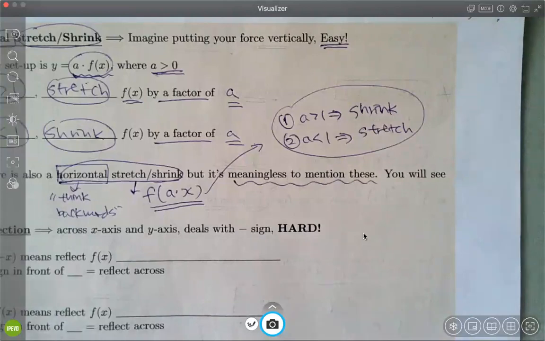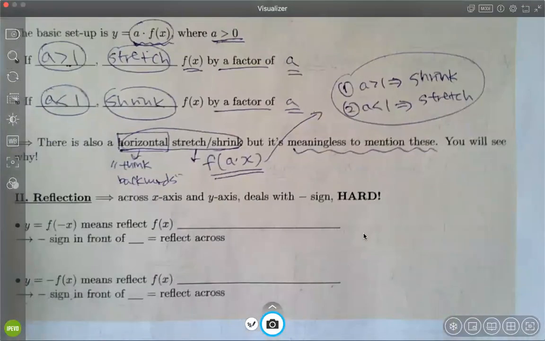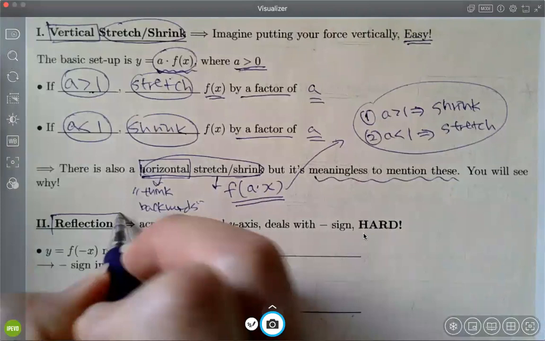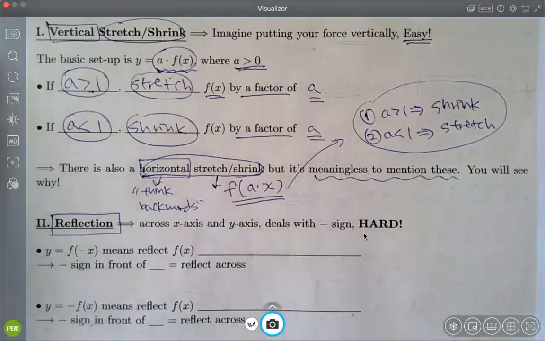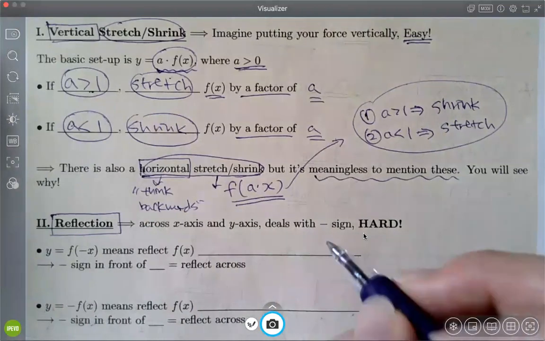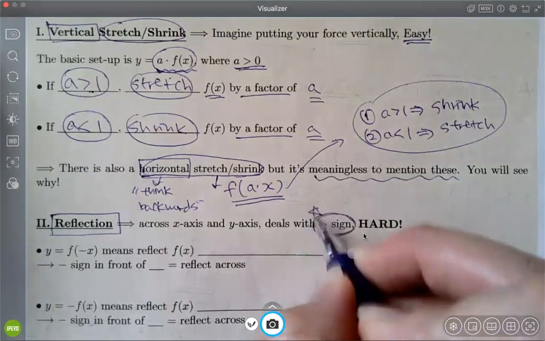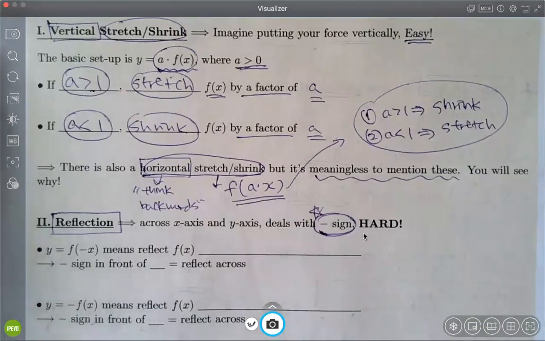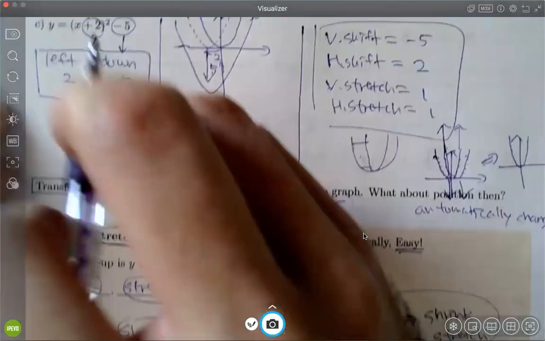Now the second kind of transformation is the reflection. What's the way to tell whether something is a reflection or not? It deals with the negative sign. Whenever you see the negative sign somewhere in your function, that means a reflection has been applied. Please don't say, well, that's a negative sign.